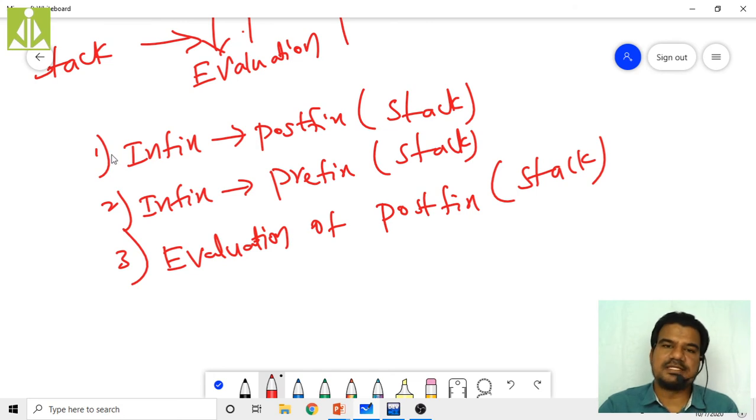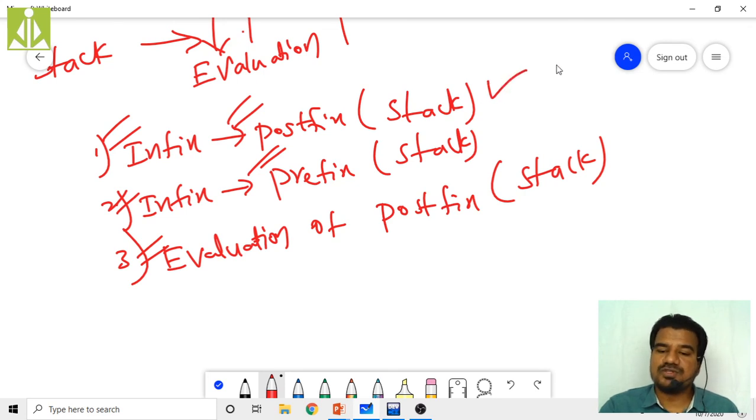So we'll take an example infix expression. We'll convert that to postfix. Again, we'll take an example and convert that to prefix, and we will evaluate the postfix expression. So these three we have to see, and in coding we'll see infix to postfix and evaluation of postfix.